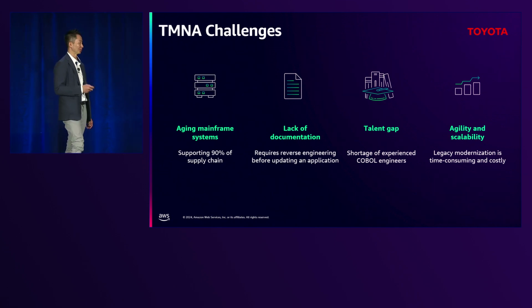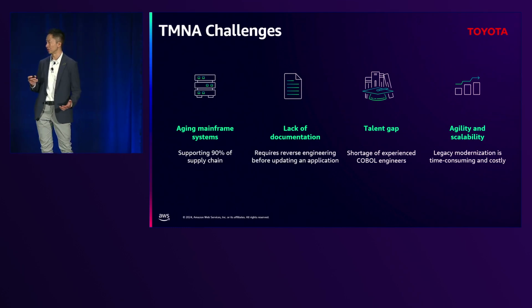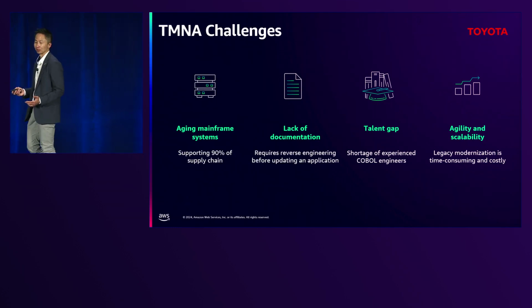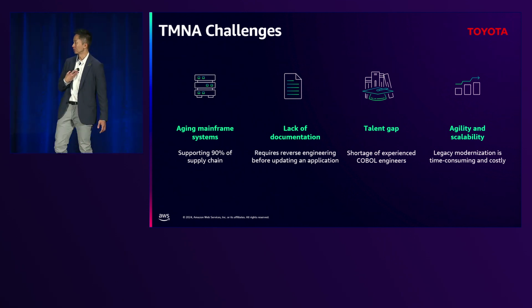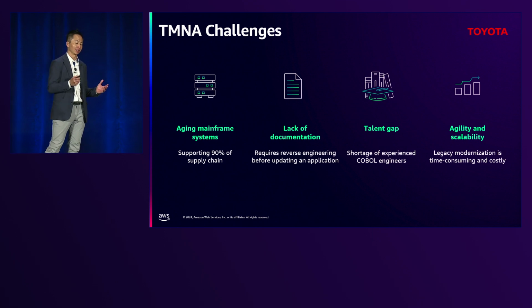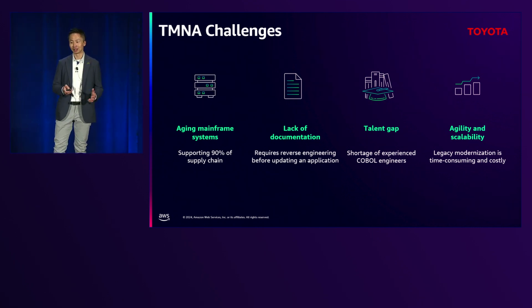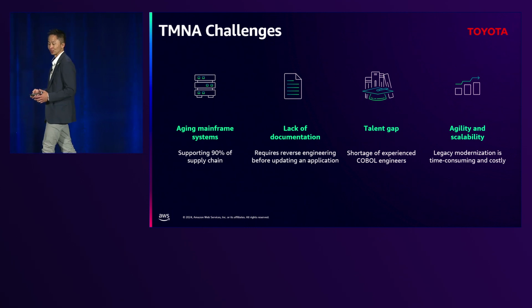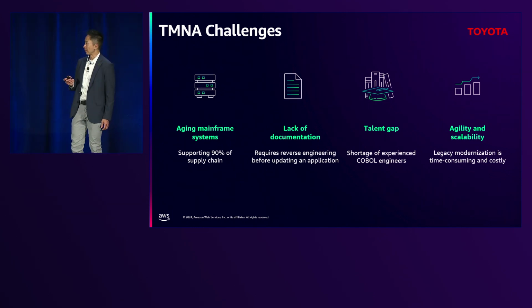We've attempted multiple times to modernize the mainframe. Some of the challenges that you see here is the aging mainframe system. Many of them are probably older than all of you, including myself, right? There's a lack of documentation because there's an aging workforce that has left the organization, and there's a lack of general talent of COBOL technology, mainframe technologies, and so forth, right?